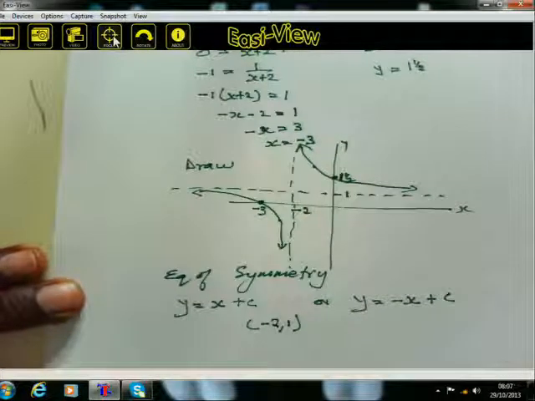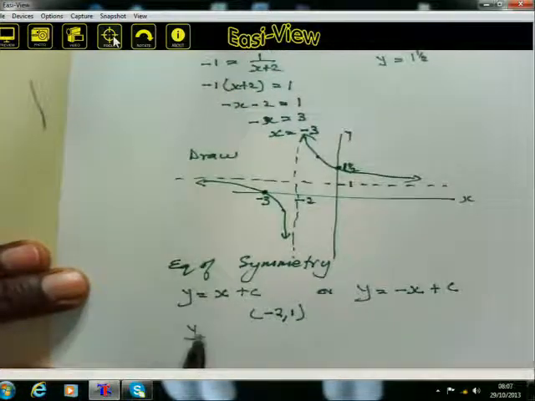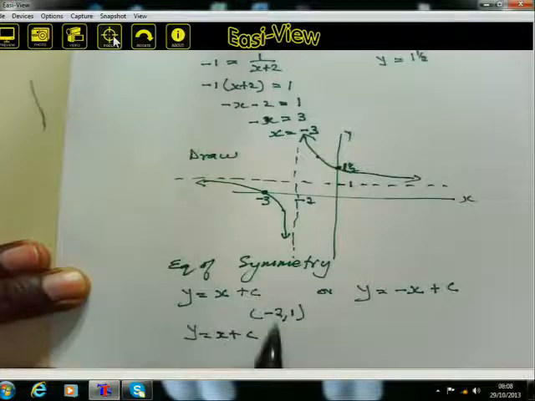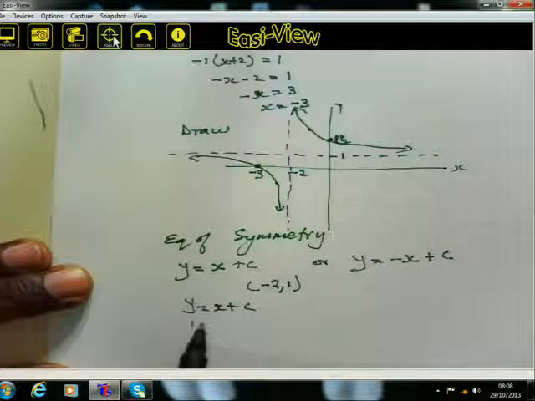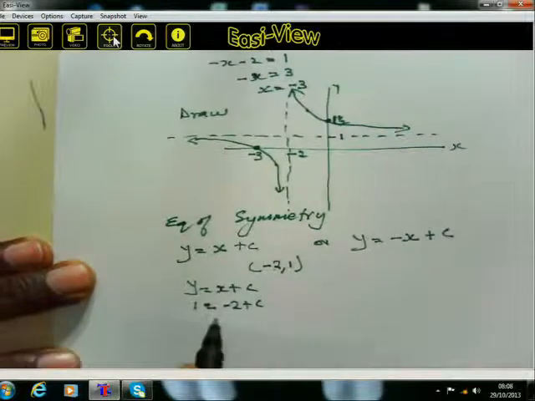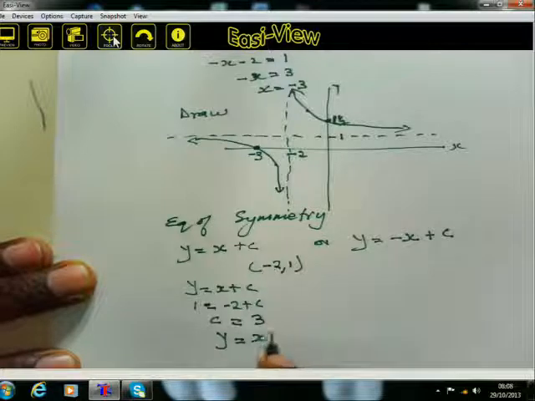So we substitute the point into the equations. Starting with this one, y equals x plus c, where my y is 1, our x is negative 2, plus c, therefore our c is 3. Therefore the equation of the symmetry is y equals x plus 3.